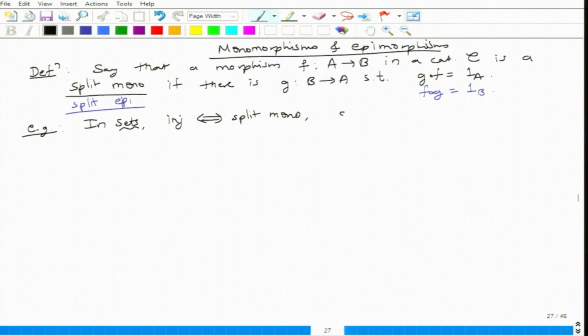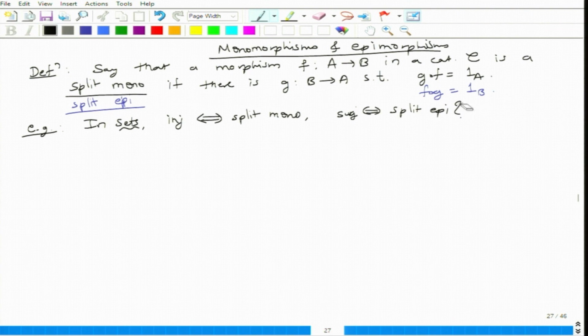And is it true that surjective if and only if split epi? Using the axiom of choice. Very good. So this is actually equivalent. Which direction is obviously clear?